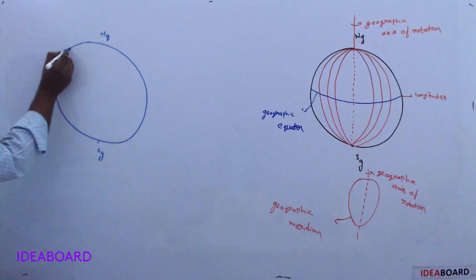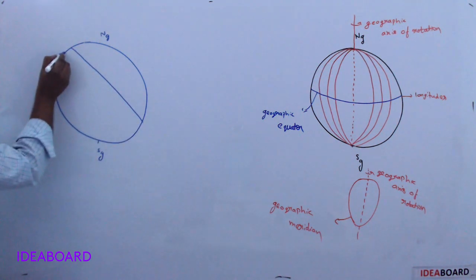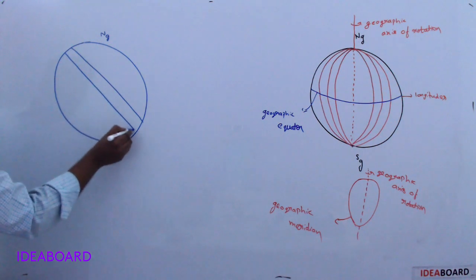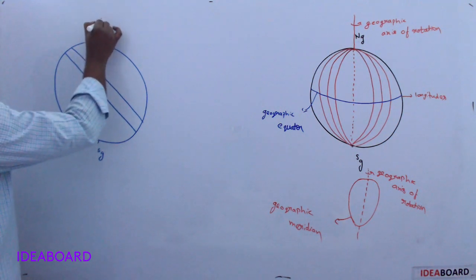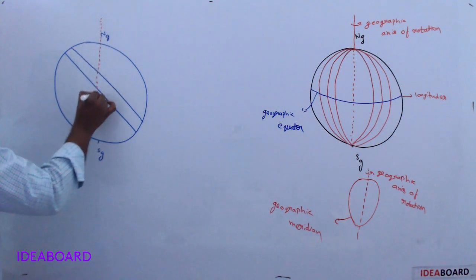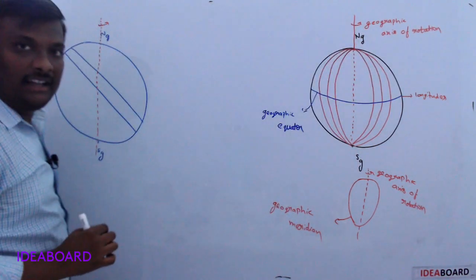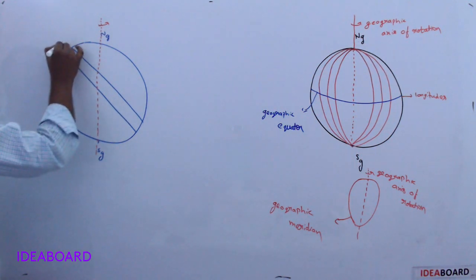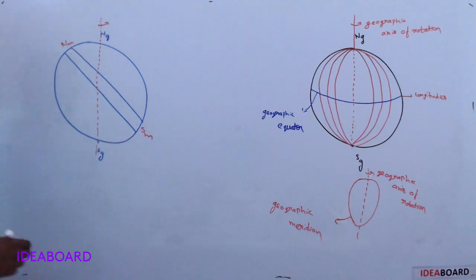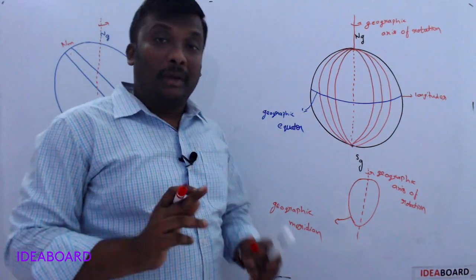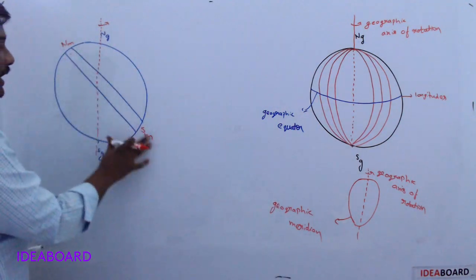Earth is a huge magnet, but these magnetic poles do not coincide with the Ng and Sg. They make a certain angle. This pole is named the magnetic north pole and this pole is named the magnetic south pole, because earth is considered as a huge bar magnet with two poles Nm and Sm.